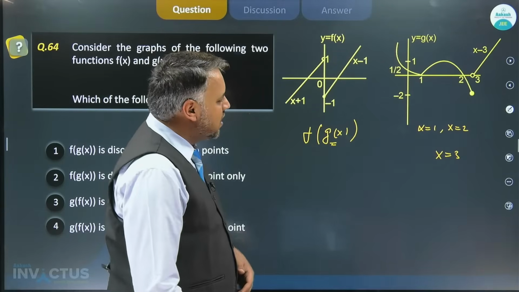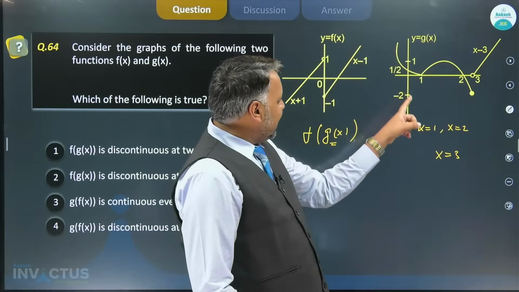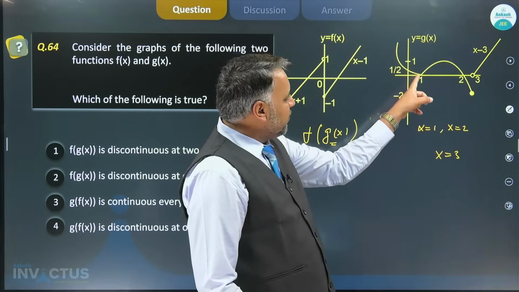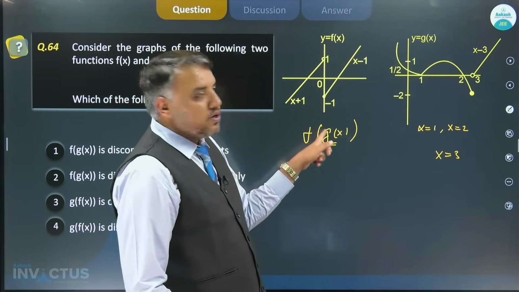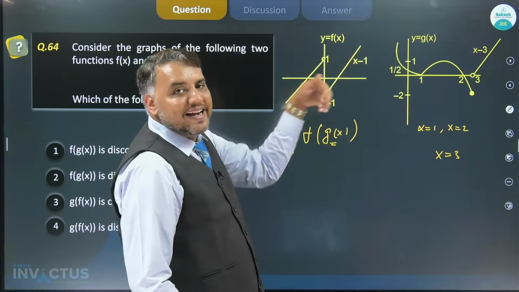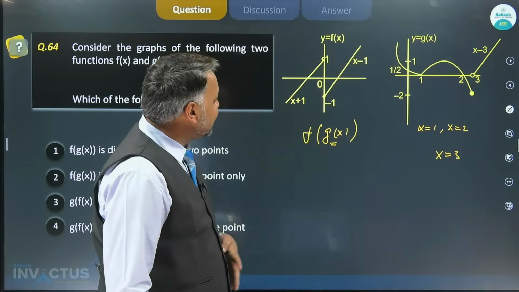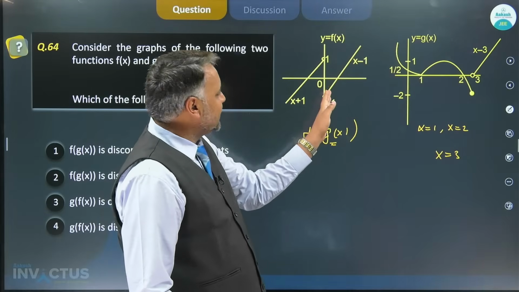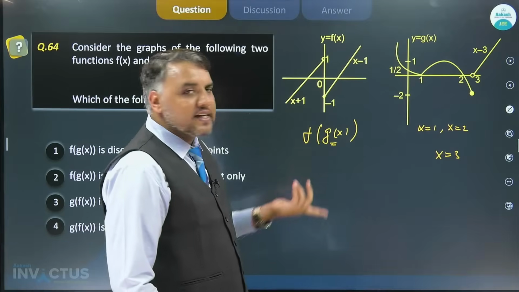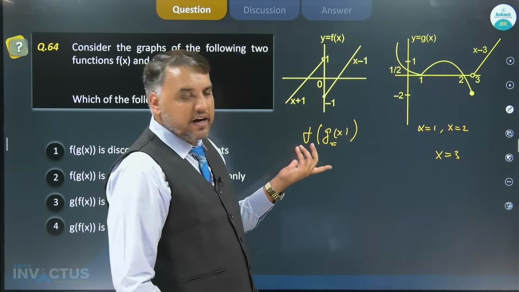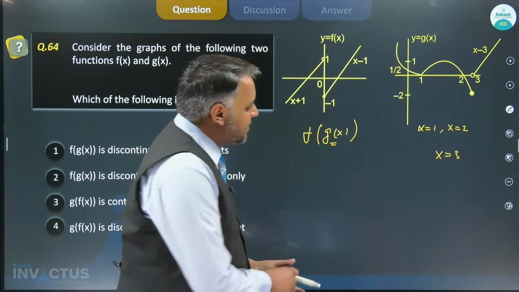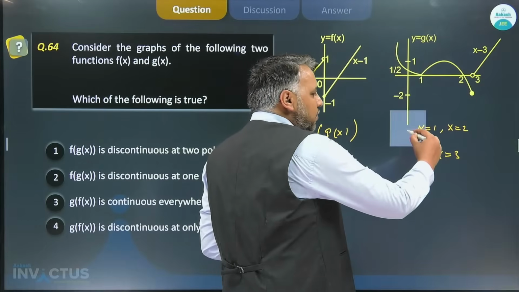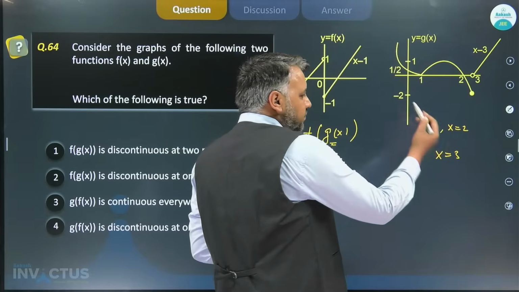So at x is equal to 1, when x approaches 1 from left or right, this gx approaches 0 from right hand side. Okay, whenever gx approaches 0 from right hand side only, then f of gx is continuous. It will approach -1. So x is equal to 1 is not a point of discontinuity.